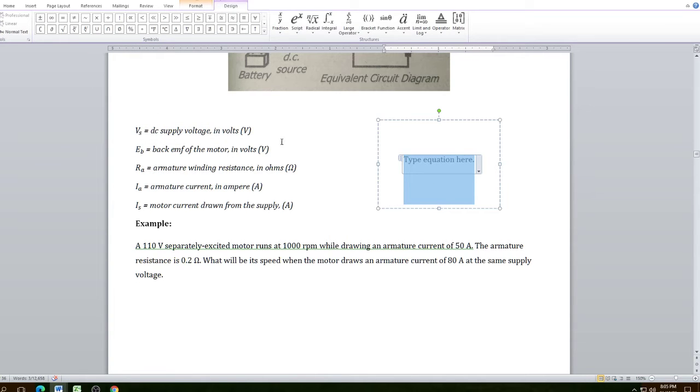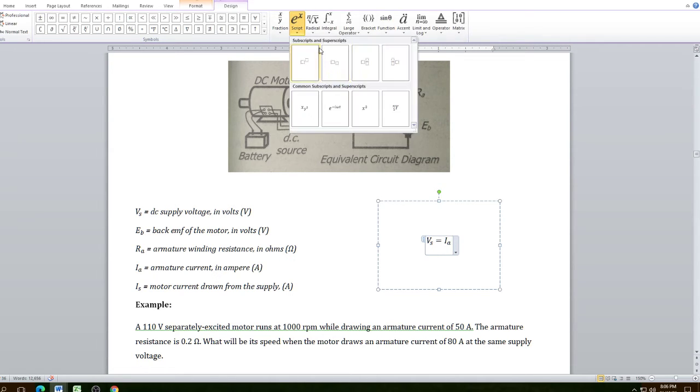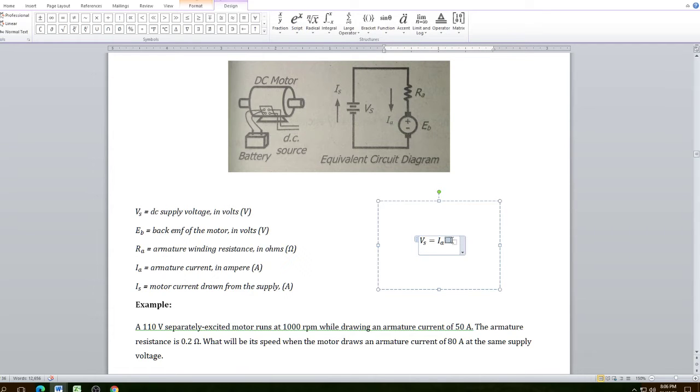Here, VS is equal to IARA plus the back EMF.